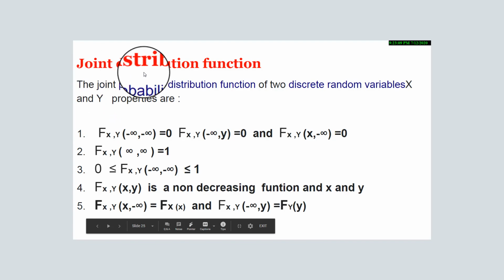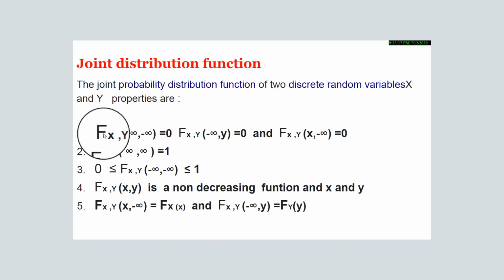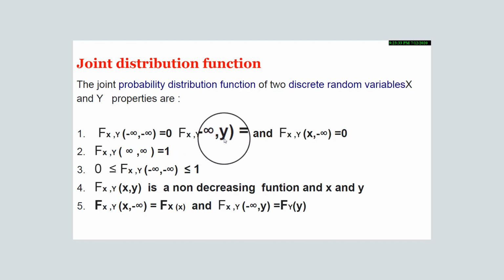We have joint distribution functions, and a few of the important properties associated with them for the two random variables X and Y. The first property says that F of x comma y, when x and y lie between minus infinity, is equal to 0, and the distribution function F of x comma y ranging from minus infinity to y is equal to 0.